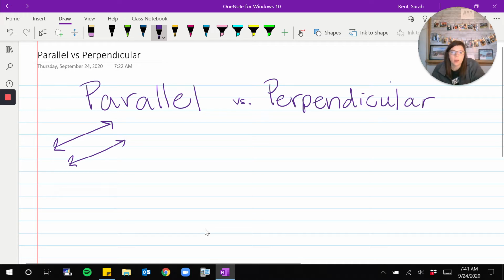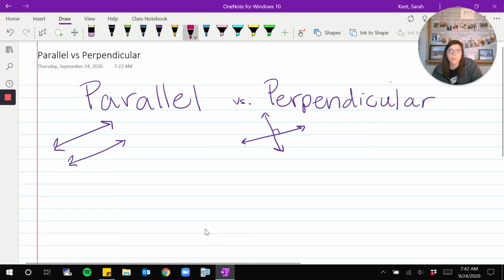When you think about perpendicular, they're going to cross at exactly 90 degrees. It could look like an X, it could look like a T, but it has to have that 90 degrees. If they don't have that 90, these are not perpendicular, because those are not 90 degrees.